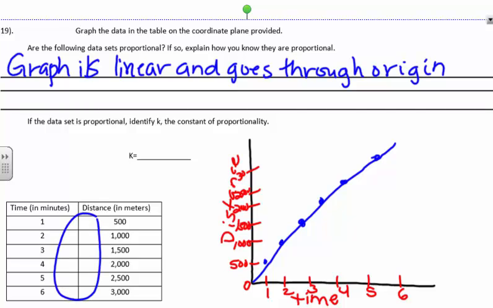In order to check this, we need to see what we do to x to get y. Well, if I multiply 1 times 500, I get 500. If I multiply 2 times 500, I get 1,000, so that checks out. And if you solve all the way down, you show that that checks out as well. So therefore, that's our second reason. Every x has to be multiplied by 500 in order to get y.